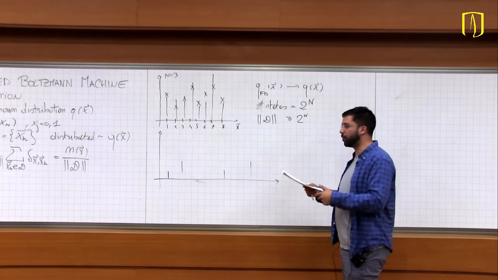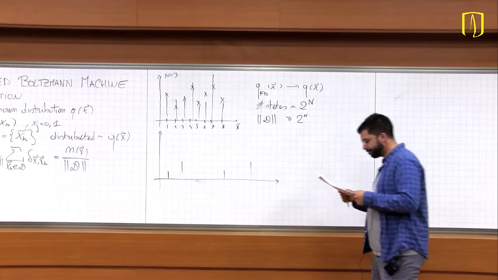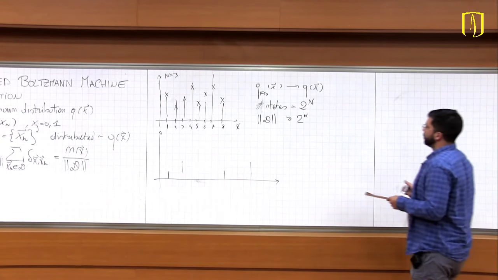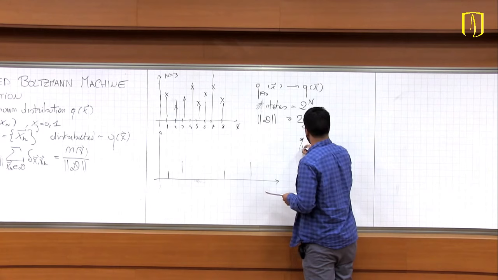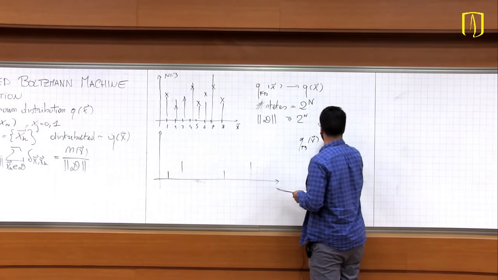This is going to be very, very small compared to your phase space. So for most cases here, the frequency distribution of X will be 0.